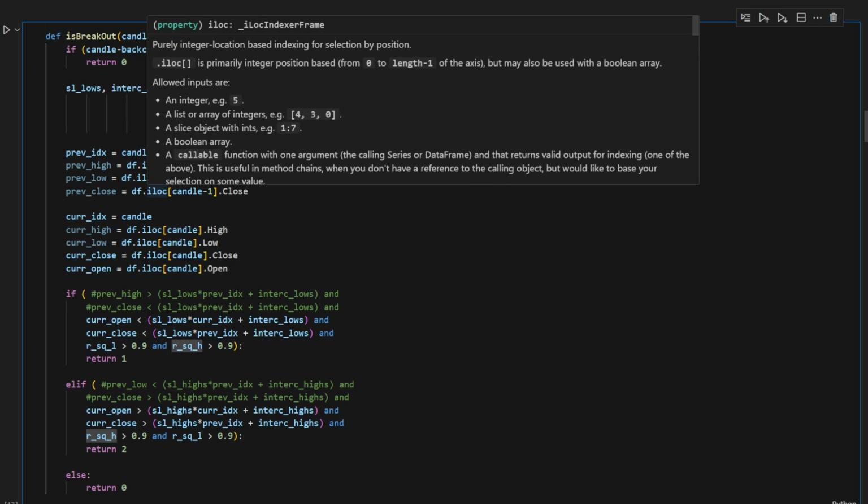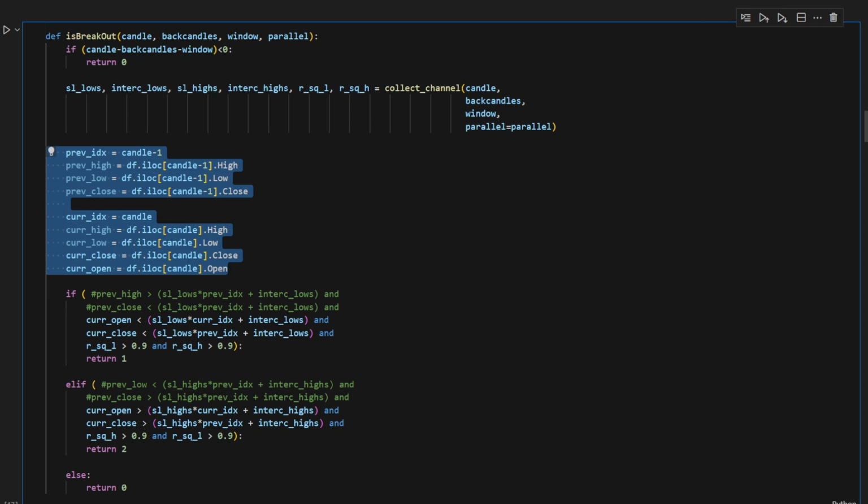Then we're going to define a set of variables here. So the previous index is the index of the previous candle. Remember, we are applying this function on a specific candle. So previous index is candle -1. The previous high is the high of the previous candle. The previous low as well, it's the low of the previous candle, the previous close, and so on. And then we have the current index, the current high, current low, current close, and current open.